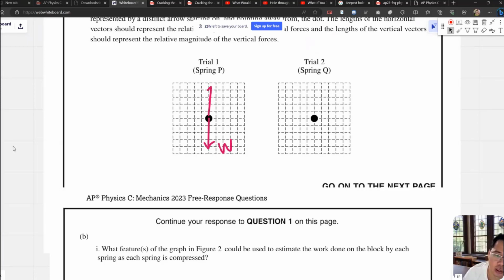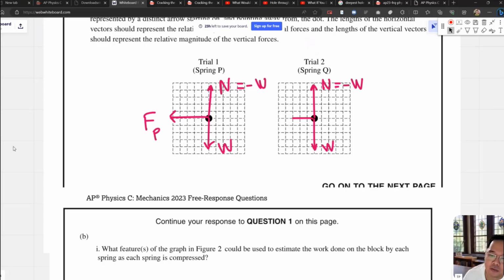Secondly, the normal force, which is equal to the weight and opposite to the weight. And lastly, the elastic force of the spring. This is F_P, the elastic force of spring P. Similarly, for Q, the weight is the same, drawn with the same length, like 2 centimeters. This is the normal force, also equal and opposite to the weight.